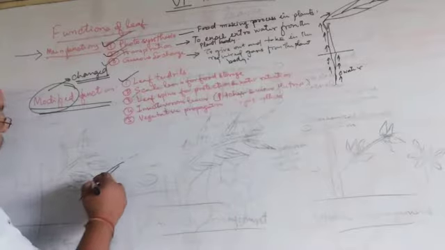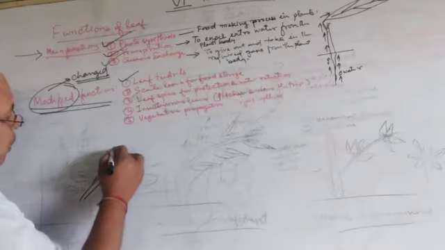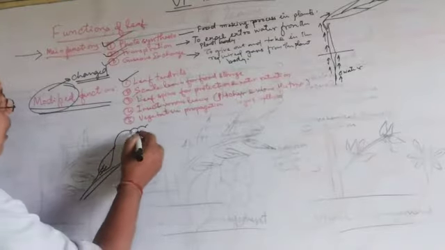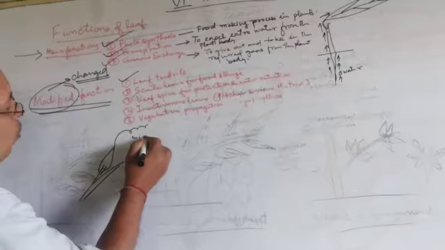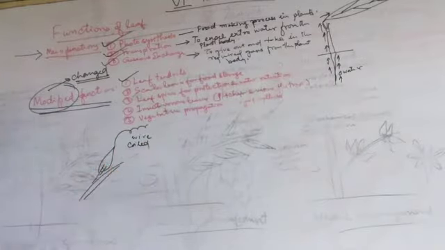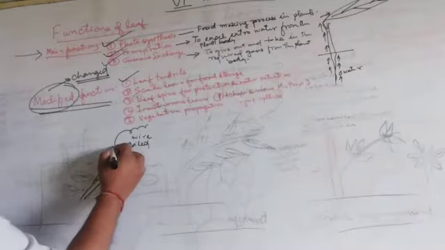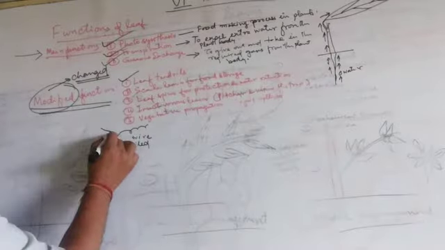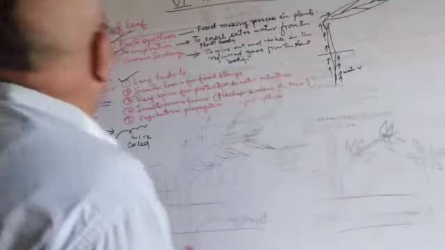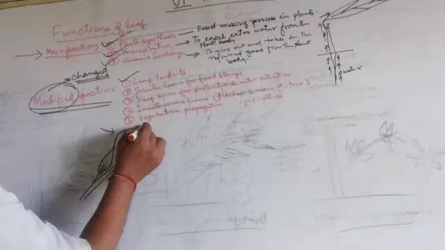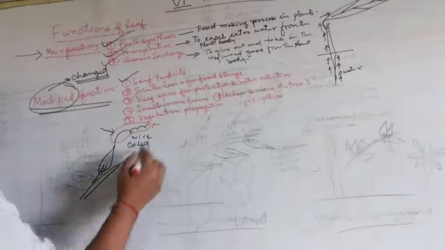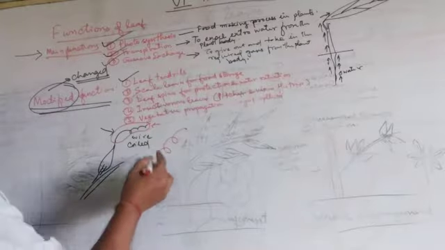What happens from the tip of the leaf, from this tip of the leaf, you see sometimes this wire, coiled wire-like structure develops from the tip of the leaf. This one, right? I'm talking of this structure, right? This is just a coiled wire-like structure like this.